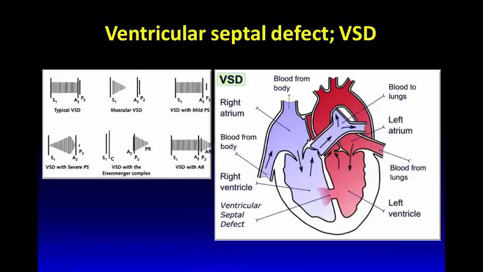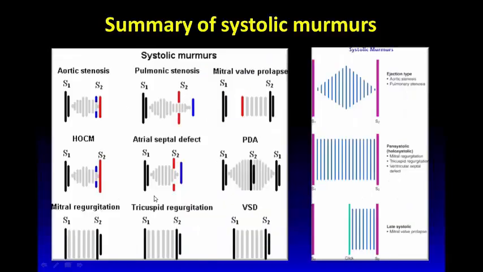Finally, ventricular septal defect: when there is a defect in the interventricular septum, the murmur is also a pansystolic or holosystolic murmur. So here we have phonocardiographic recordings of the important systolic murmurs.